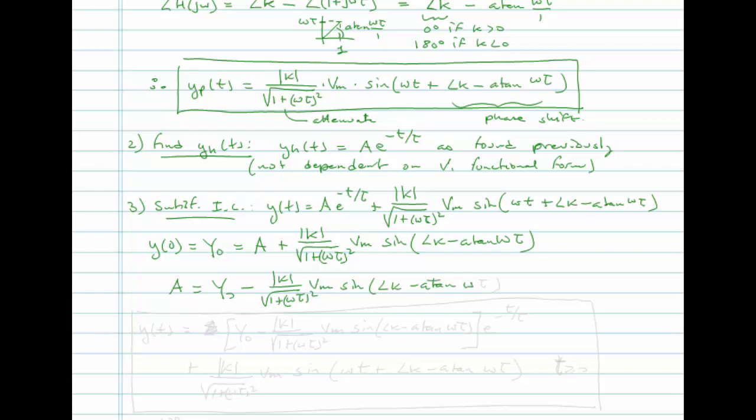And this gets painful to write out many times. Eventually you plug in numbers, but I'm going to go ahead and write the whole thing out now, one last time. So we have y of t is equal to A, nope, not A, we know what A is now.